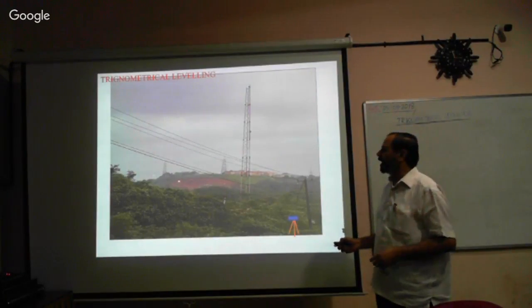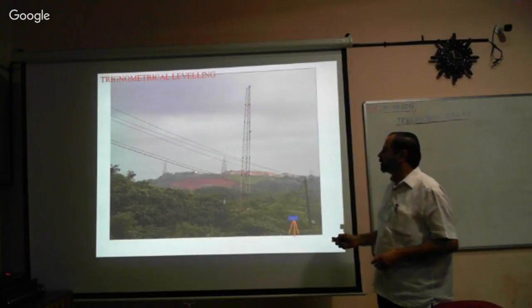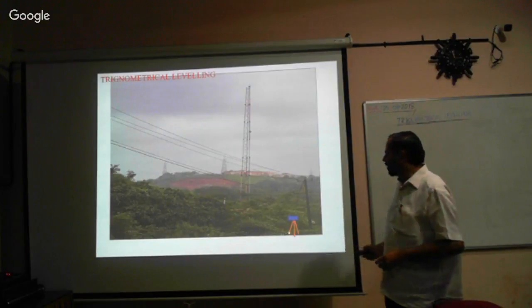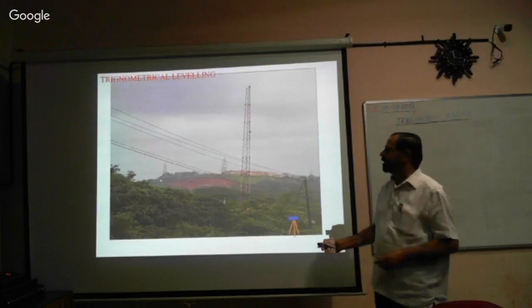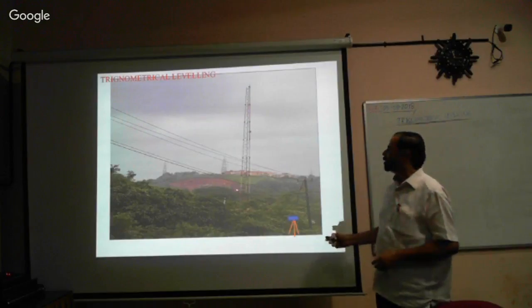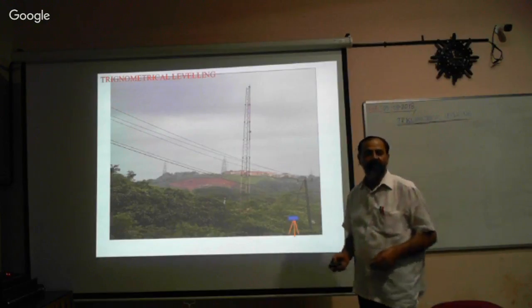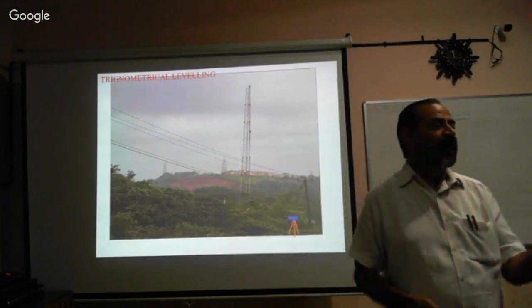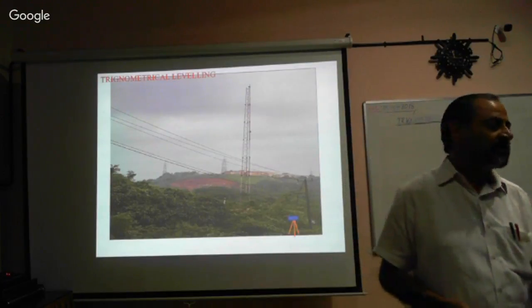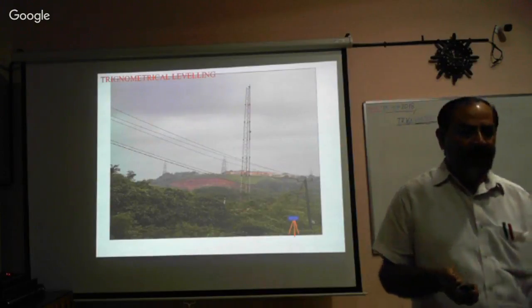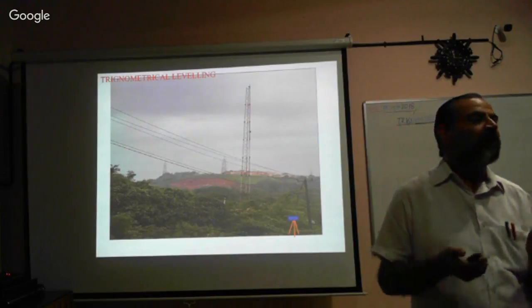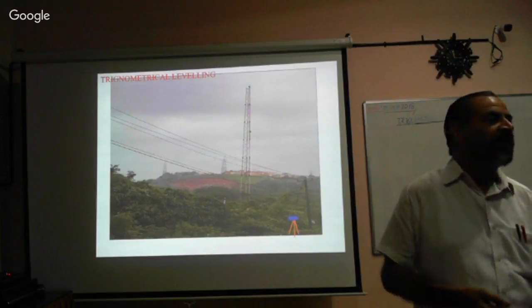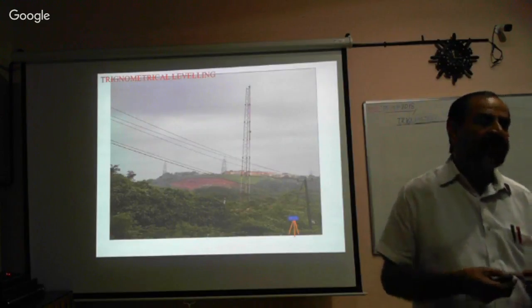Now, how do we calculate the distances between these two objects, and also from the instrument station to the object? How are we going to calculate it? The calculation is by computing the angles: horizontal angles, vertical angles, and, where possible, linear measurements, distances.